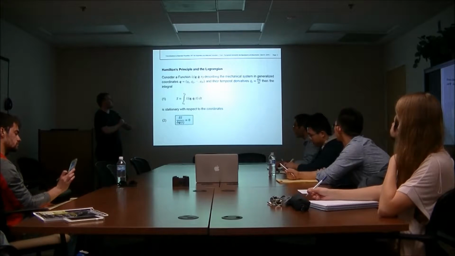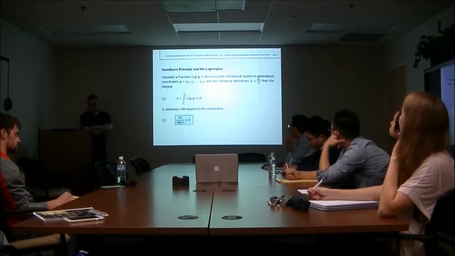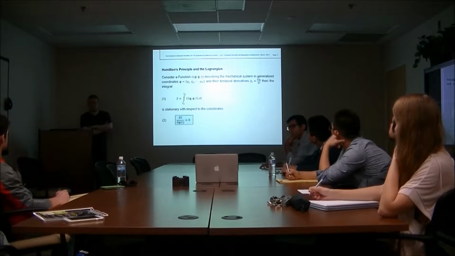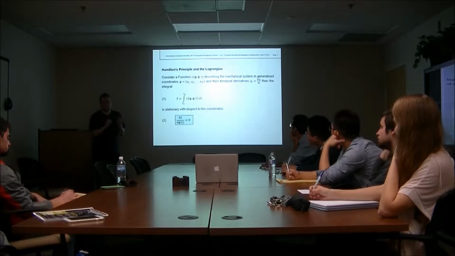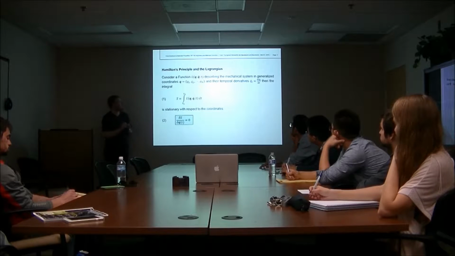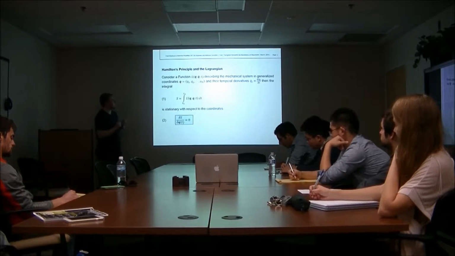Hamilton's principle is probably most important to start with classical mechanics. So we consider that we can describe our entire system with a function, which includes the positions of each particle in our system.